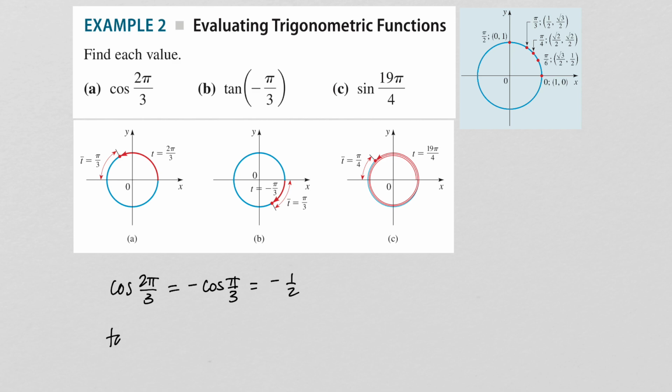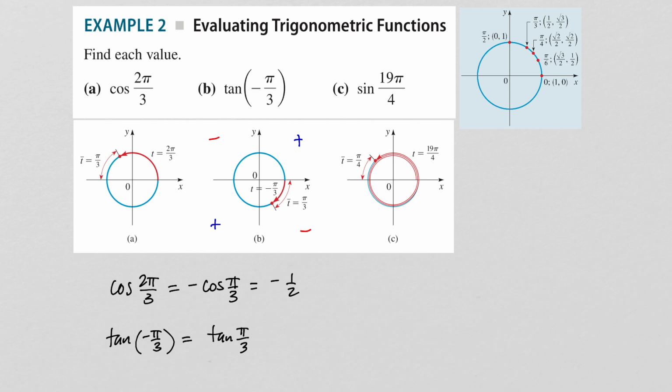And so if I want to find the tangent of negative pi over 3, we know it's going to be equal to the tangent of pi over 3. And now the only question is, is tangent negative or positive in the fourth quadrant? We should remember that tangent is positive in the first and third quadrant, and it's negative in the second and fourth quadrant.